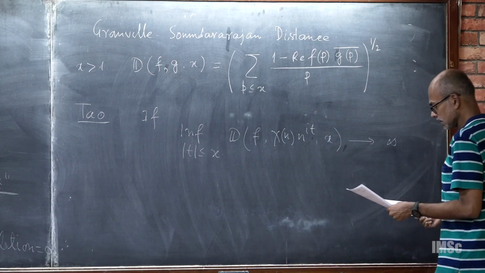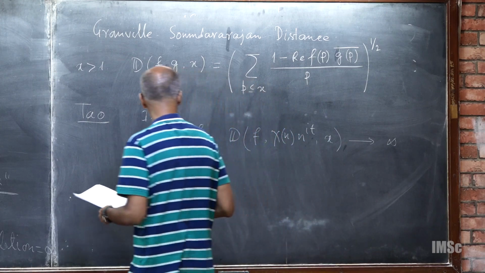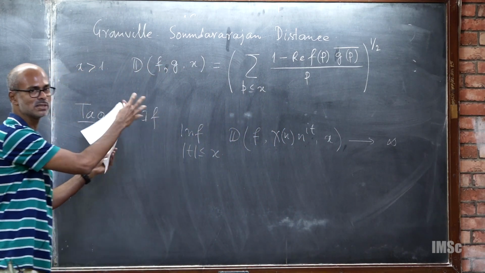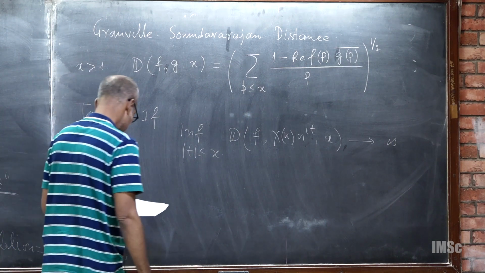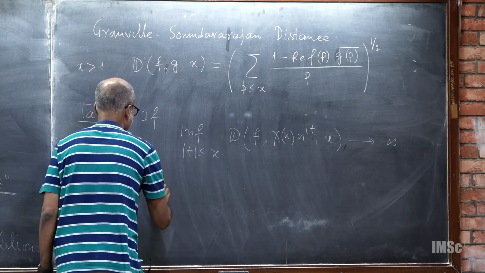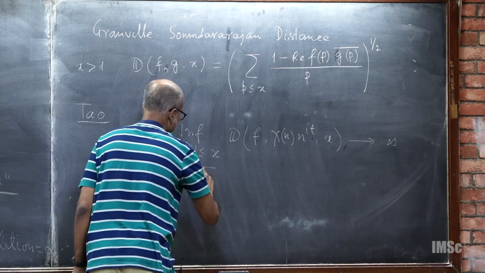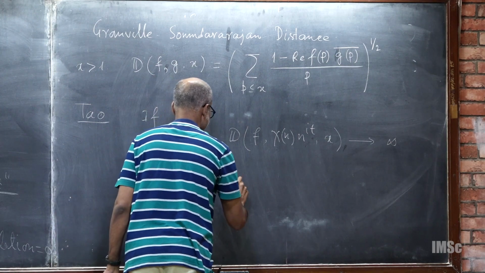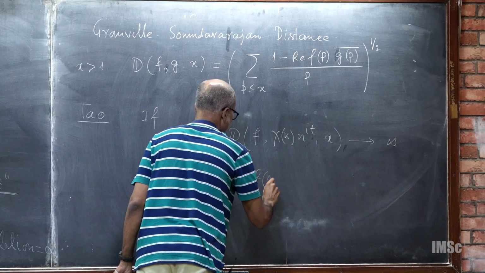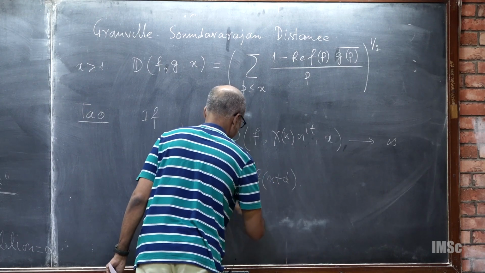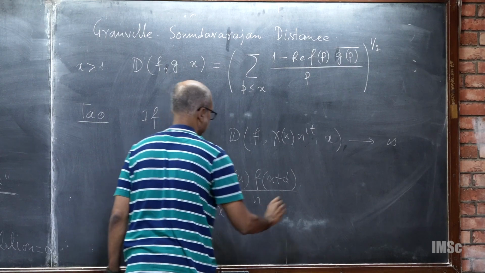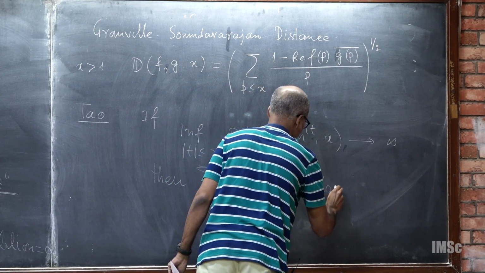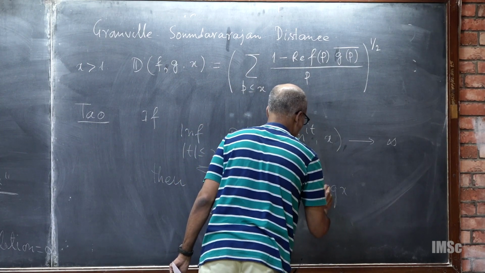So this diverges. The distance keeps increasing, so they are not close. If this goes to infinity, then you have the result. It's a little o of log x.